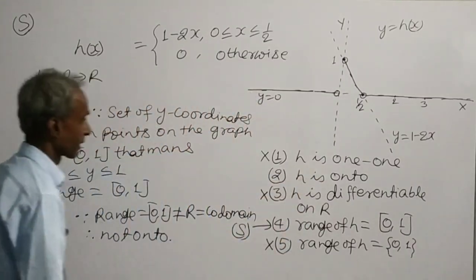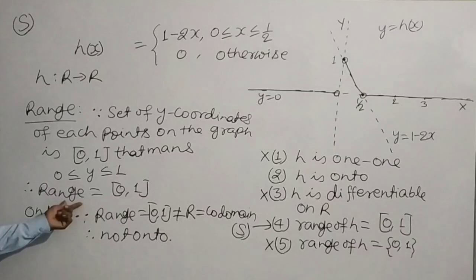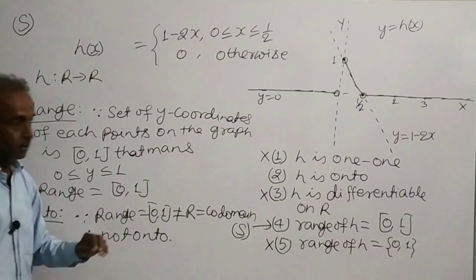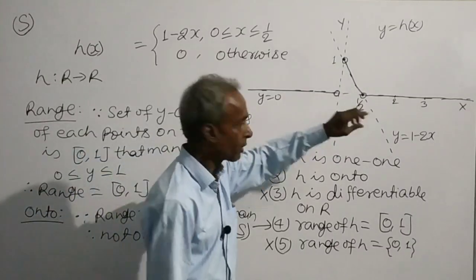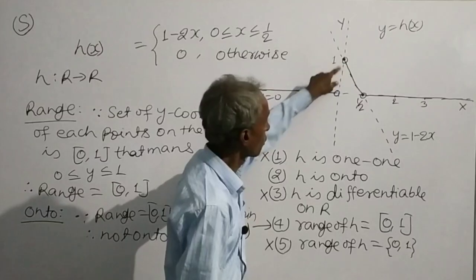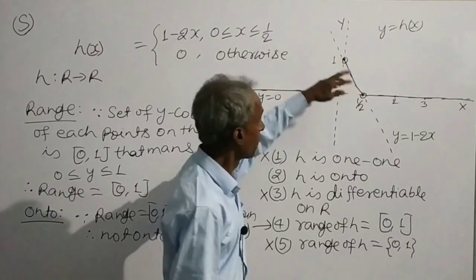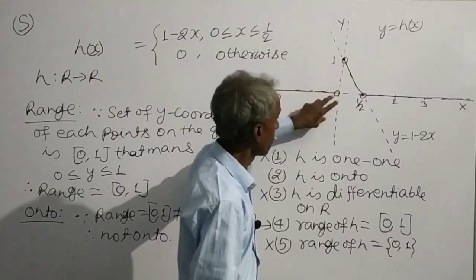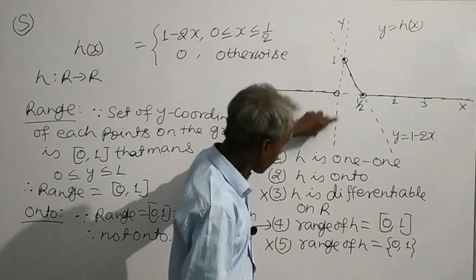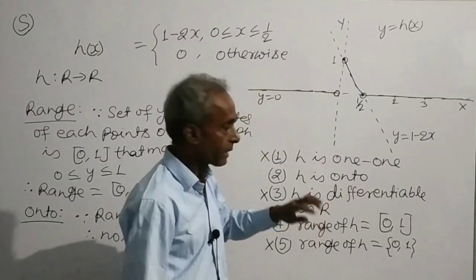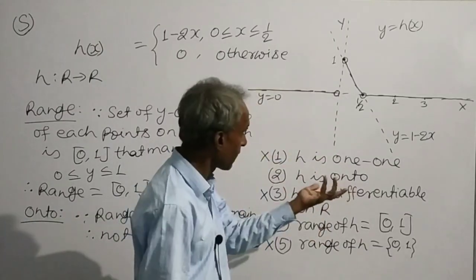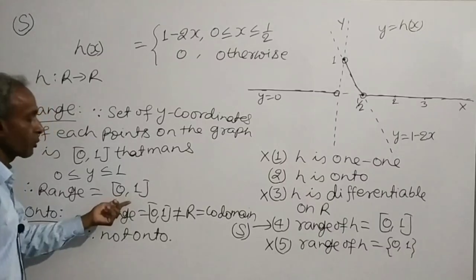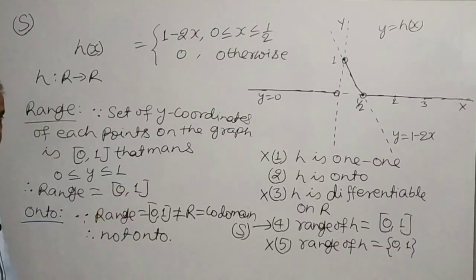Since the range is [0, 1], which means all real numbers from 0 to 1, but no number greater than 1, no number less than 0. That means there are many real numbers that are not present in this range.